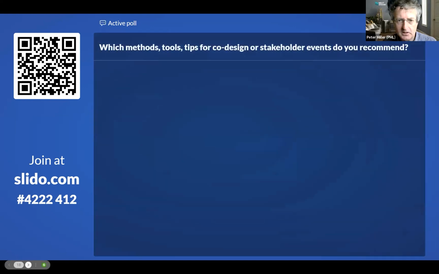The final question is an open text question, where I'd like you to jot down some of your thoughts on co-design. So this could be your experience of what has worked well in any co-design or stakeholder type of events that you found useful. You could also put in, as long as you identify it, definitely don't do this.